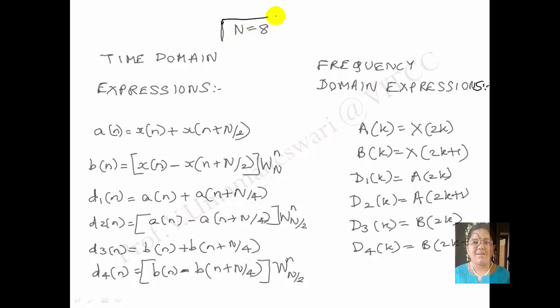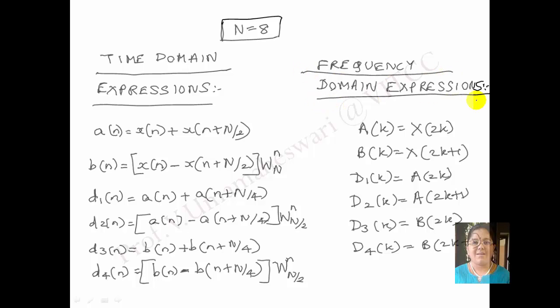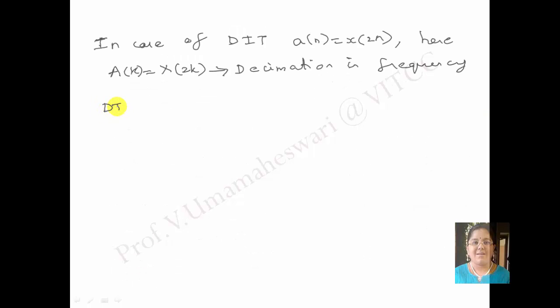This is for N equals 8. I already mentioned that, so 3 stages are involved. In DIT we have A of n equals x of 2n and B of n equals x of 2n plus 1. So that is why it is called decimation in time. But on the other hand, if you have A of k equals X of 2k, then we are talking about decimation in frequency.